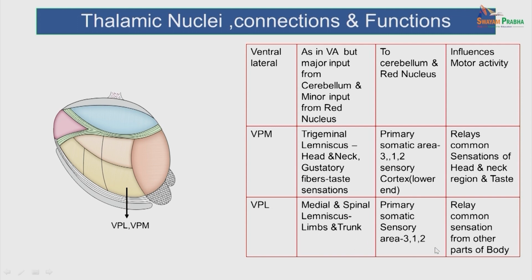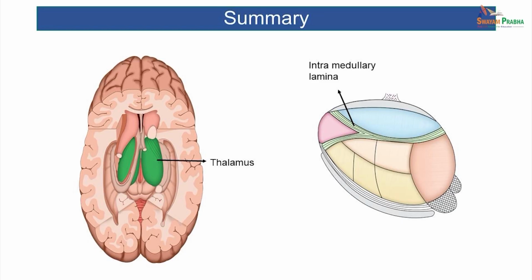All these sensations are carried, and the efferents go to area number 3, 1, 2, the primary somatic sensory area in the cerebral cortex. So, it is a common sensation of all the other modalities from the different parts of the body. So, this, with a brief summary of what has been done till now, is the thalamus.